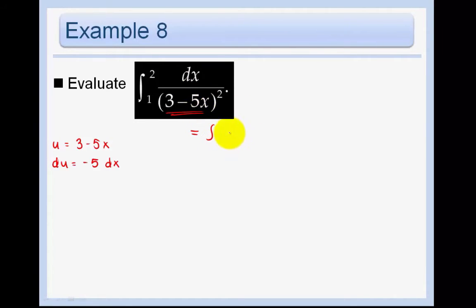We have u to the negative 2, right? U to the negative 2 times dx. If you need to rewrite this for yourself. So I want just dx. I'm going to divide both sides by negative 5.